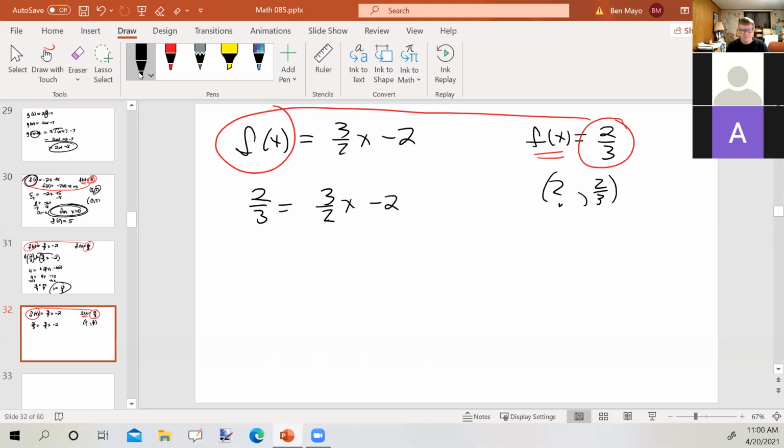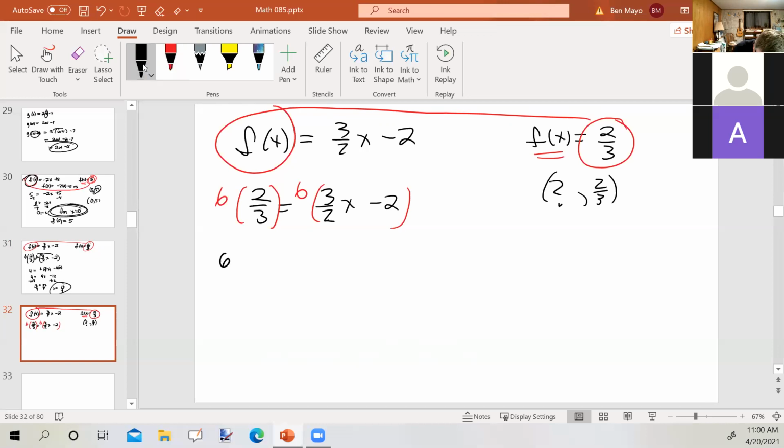Yes. Okay. So now I want to clear the fractions of this equation. And to do that, you multiply both sides by the least common denominator, which is 6. You okay where I'm getting the 6 from? Yeah. Okay, so I'm going to multiply this side by 6 and that side by 6.